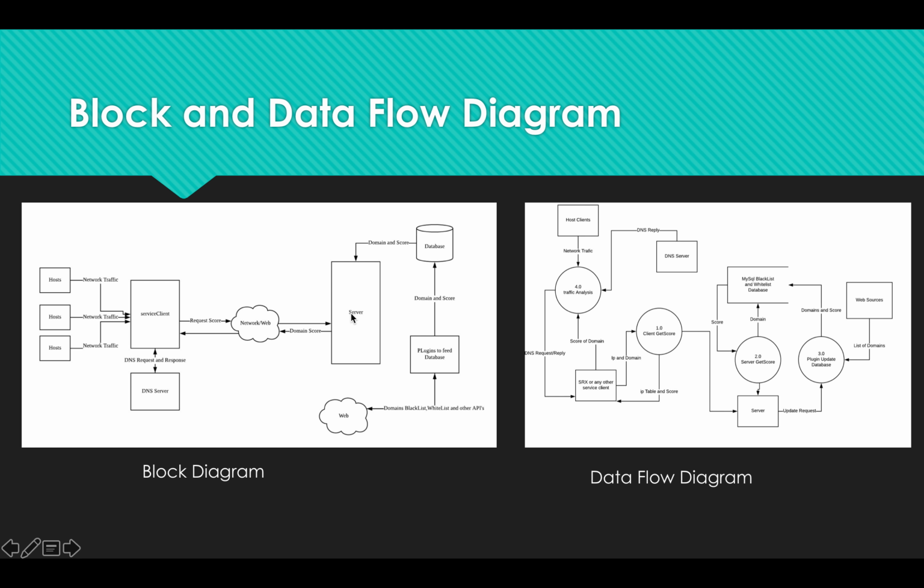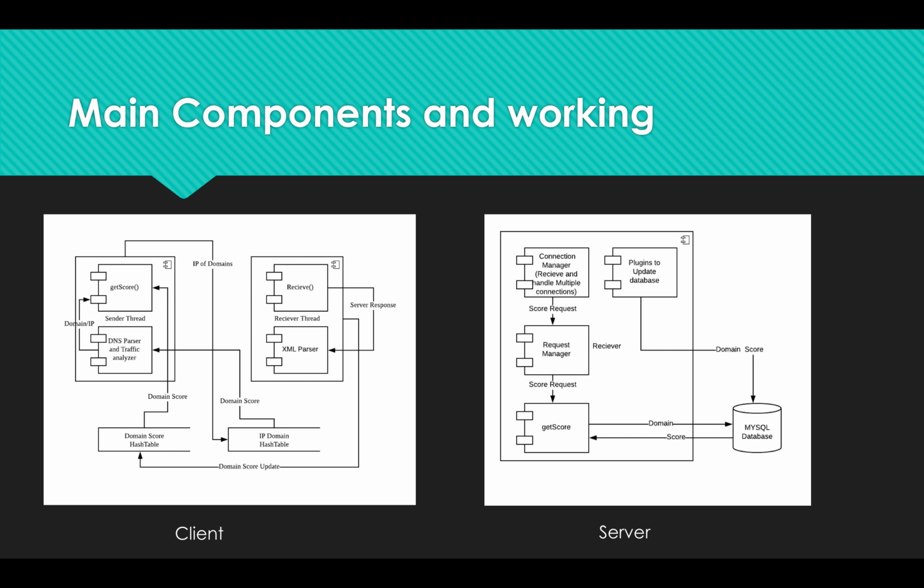It gets the score of those domains from the server and updates its domain IP table, and from the DNS responses it maps those IPs to those domain names, so that those IPs can be monitored as well. This database is updated by these plugins. In my case, my plugin was a web scraper which visited malwarebyteshost.com and many other websites for blacklists and whitelists of those domains. These are the main components of my client and my server.